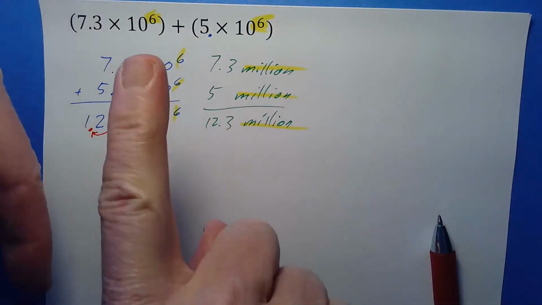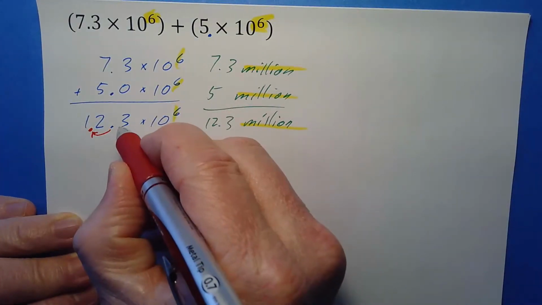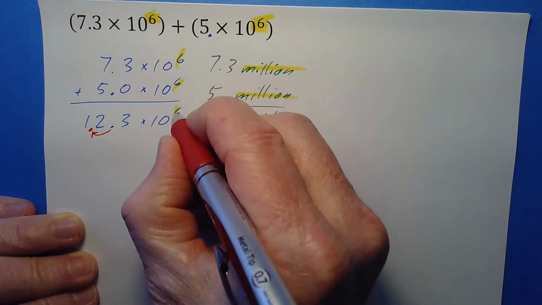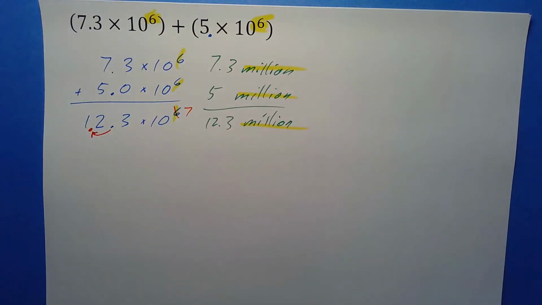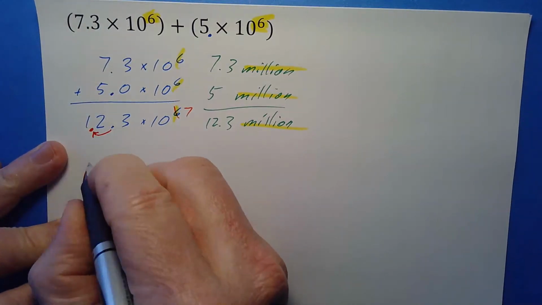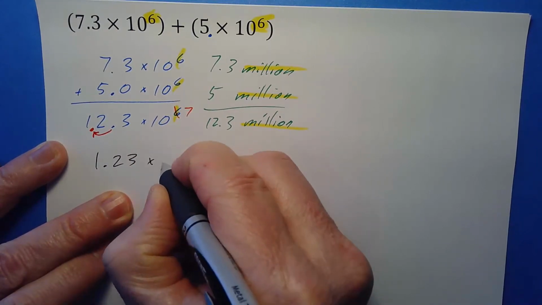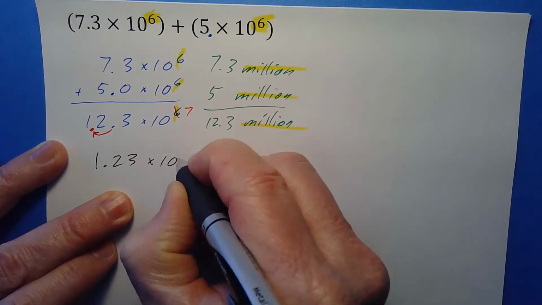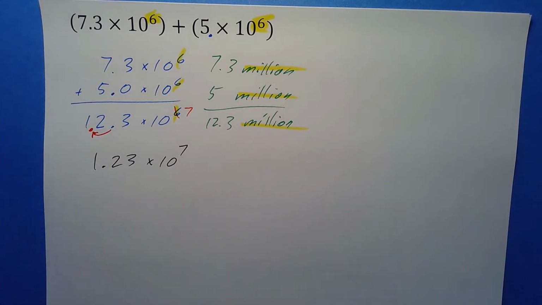They have to go in opposite directions. It sort of counterbalances. So if 12.3 went to 1.23, then this 6 has to become a 7. And then our answer is just 1.23 times 10 to the 7th. Okay, so again, this is now in scientific notation.